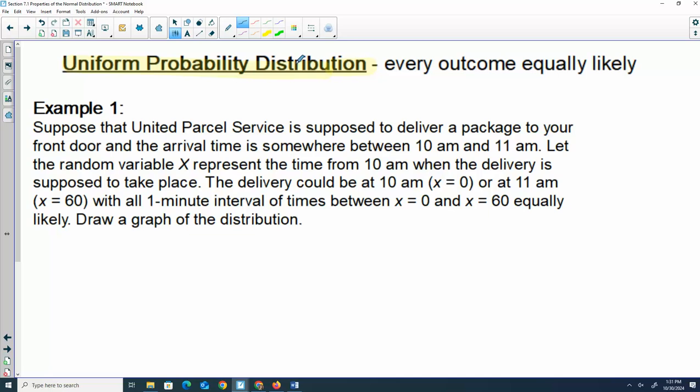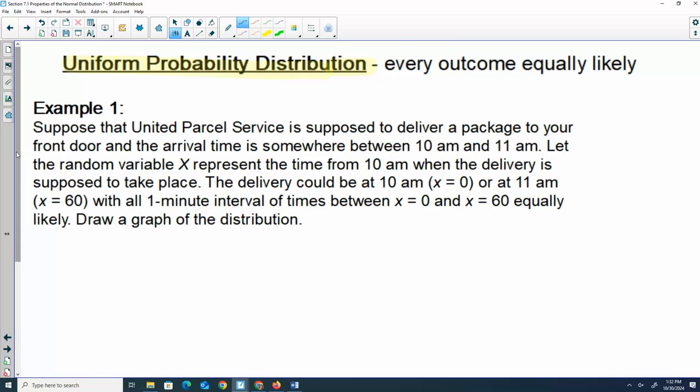Doesn't each outcome have the same probability? What is the probability of each of them? 1/6. So if you drew a graph for rolling a dice, on your x-axis you could get 1, 2, 3, 4, 5, or 6, and every one of them would have a probability of 1/6. It's the same all the way across. That's uniform.